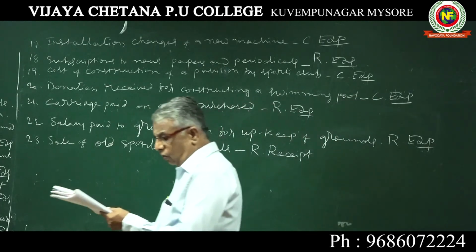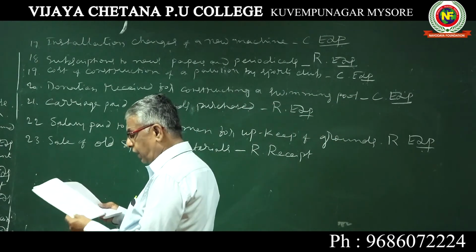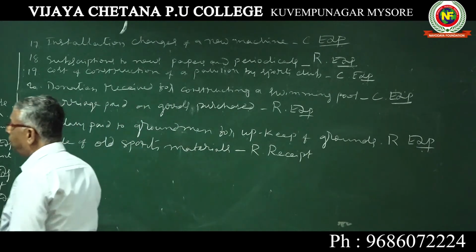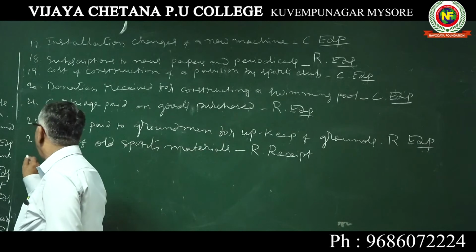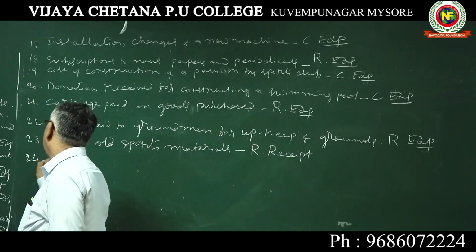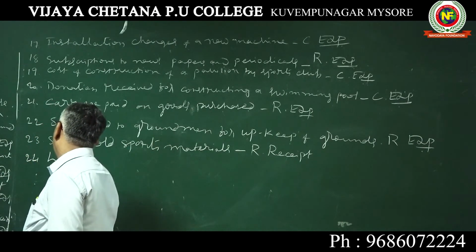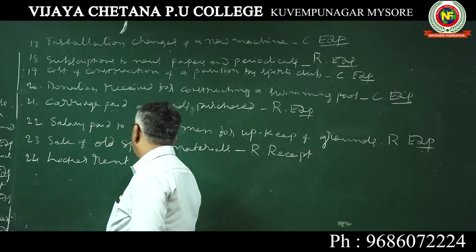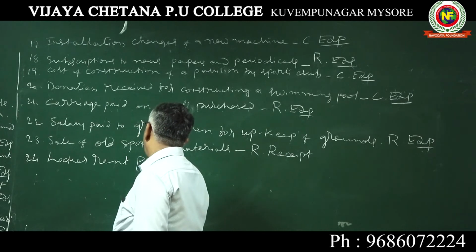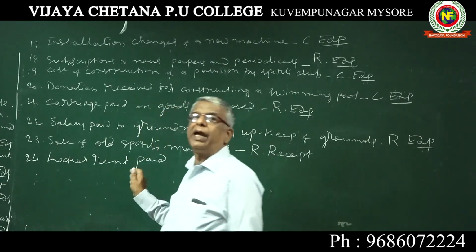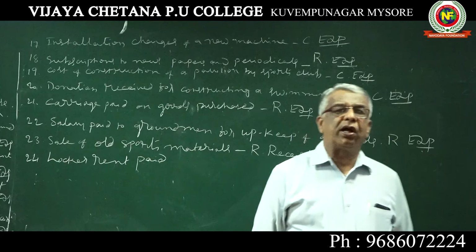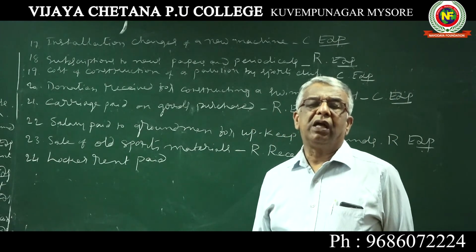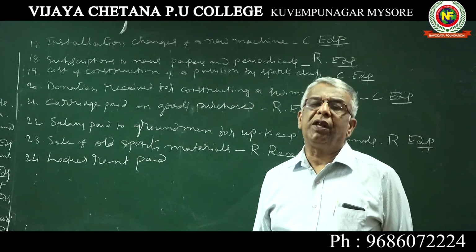And then the 24th, see here, that is locker rent paid. As you know, the name itself says locker rent paid. Whatever locker is taken by this not-for-profit organization, they have to pay the rent every month or every year.